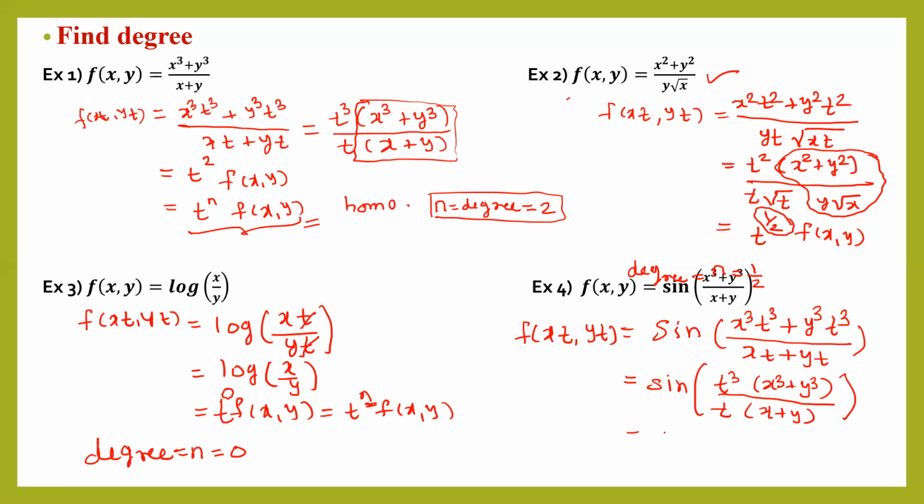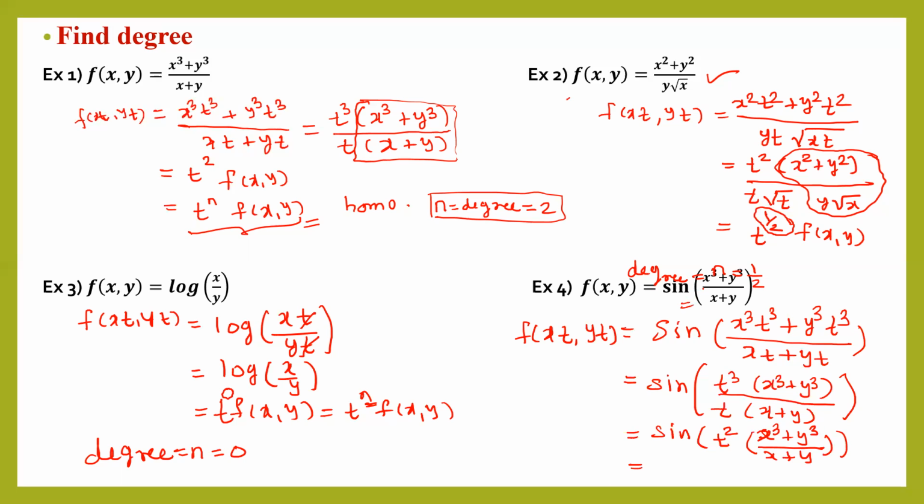So this is sine. Now we can only cancel one t, so this t square will remain there, and then this term of x cube plus y cube upon x plus y.